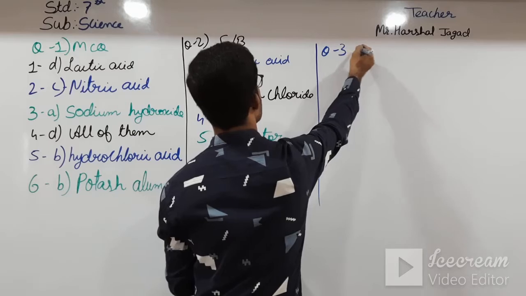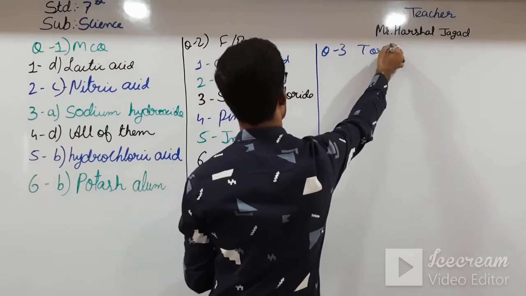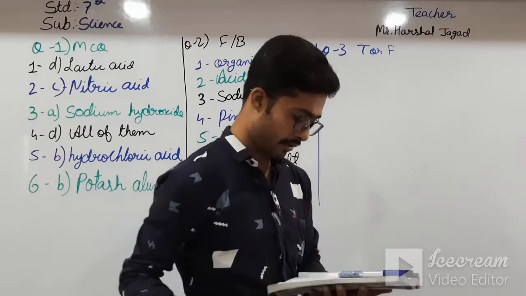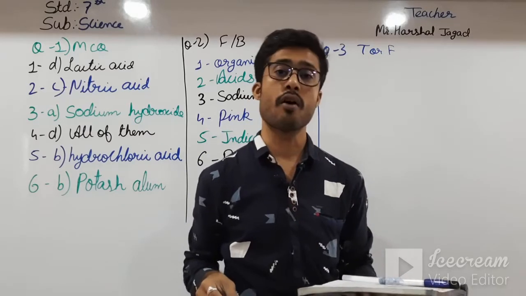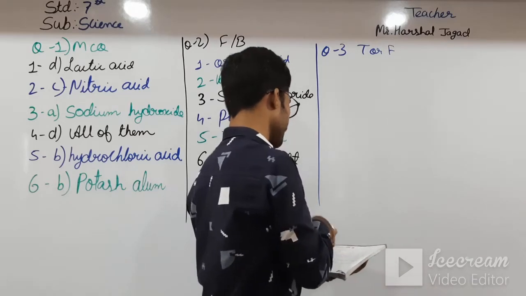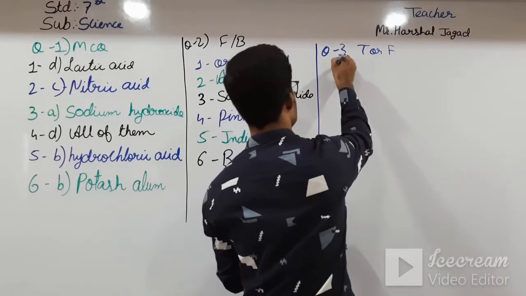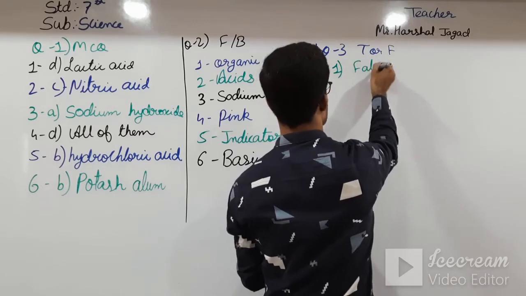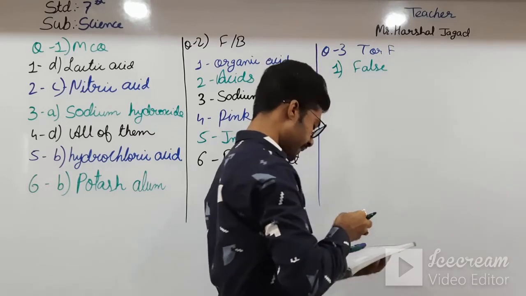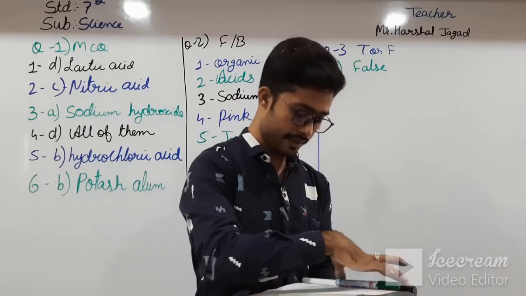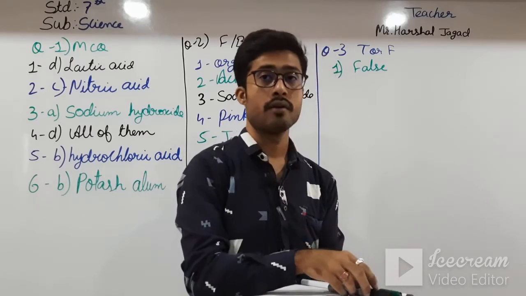Now going towards question number 3, true or false. Nitric acid is also called the king of chemicals. No, it is not called the king of chemicals, so the first is false. Second, universal indicator is a mixture of indicators, true or false.